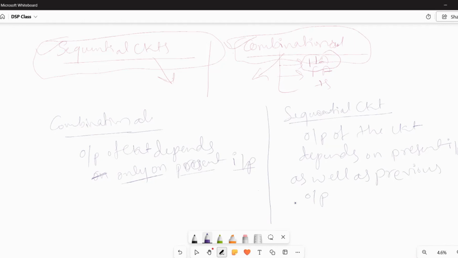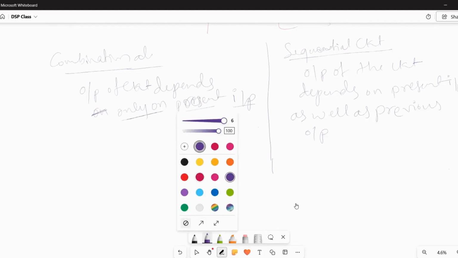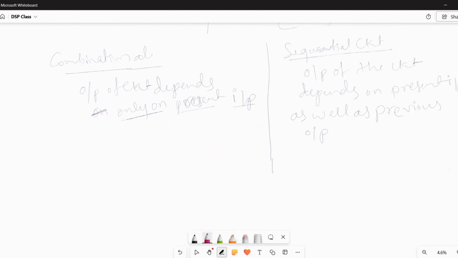This is the main difference. But if I only say it in words, is that enough? Did you understand completely? I think no. If I say only these two lines, is that enough to understand?